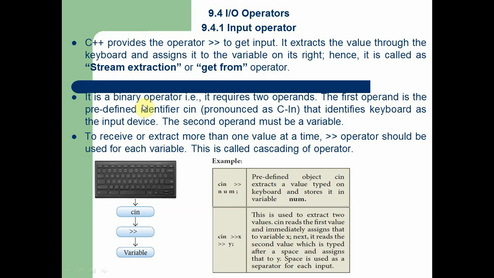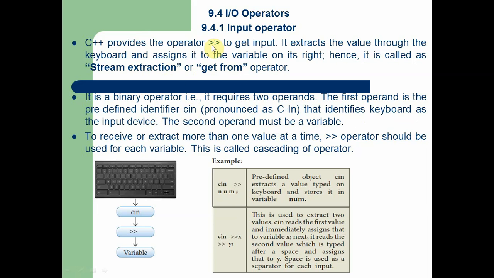The first operand is the predefined identifier cin, pronounced as "see-in". This is the name of an identifier. What is an identifier? An identifier is the name of any part of the program. Here cin is the predefined variable which is used to store the values extracted from the keyboard, so that identifies the keyboard as the input device. The second operand must be a variable.